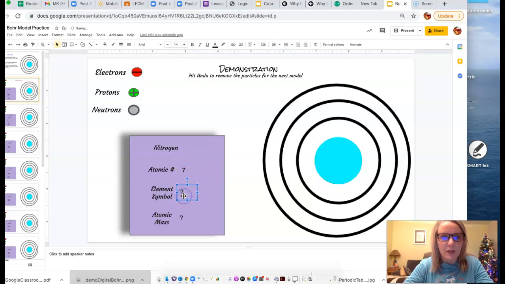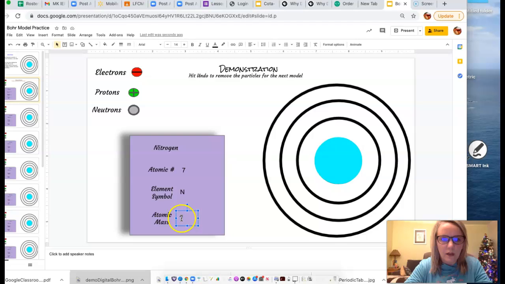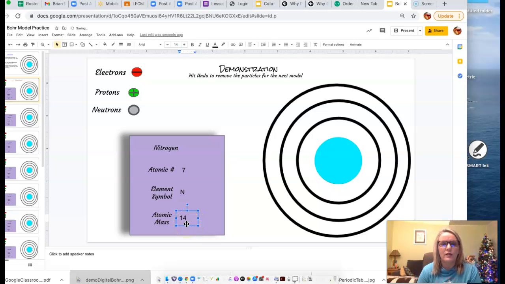The element symbol for nitrogen is N. And the atomic mass for nitrogen is, let me look back here again, 14.01. We can just round it, actually. We'll just put 14.